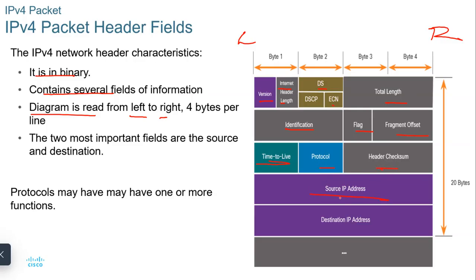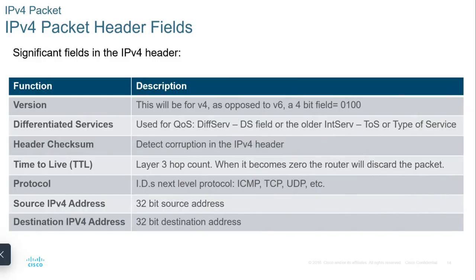We have source IP and destination IP. These are very crucial, mandatory fields; in case they have issues, the communication won't take place.